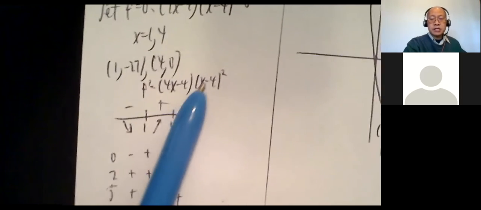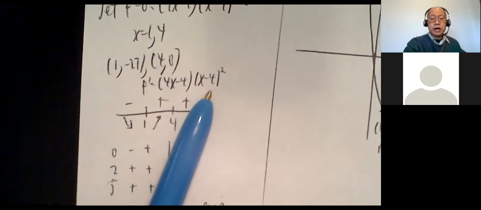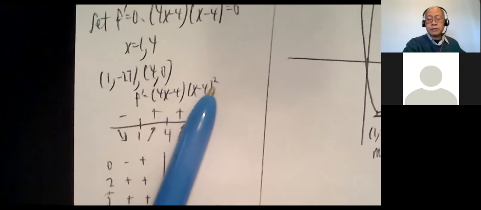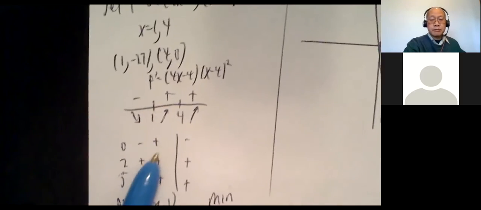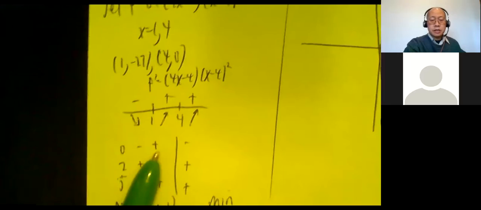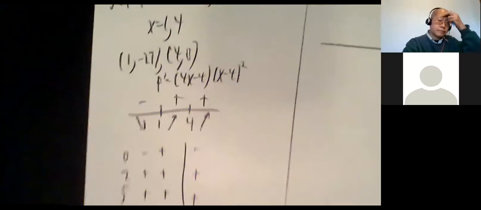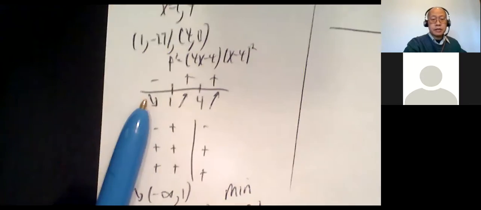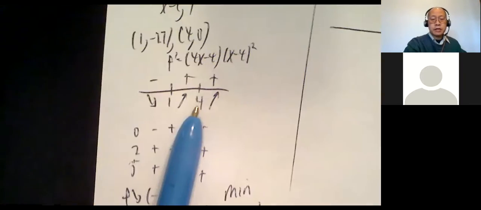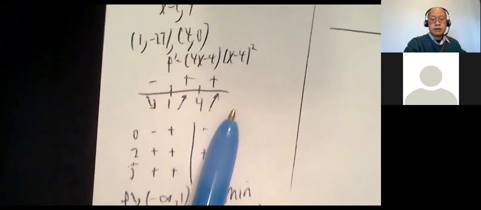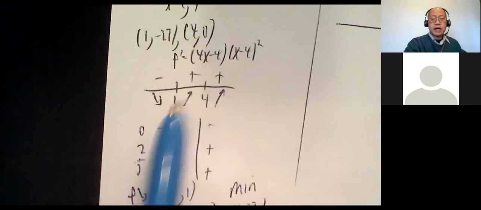But in my analysis, I noticed that x minus 4 squared is always positive. Hence, I immediately put plus, plus, plus. So these three pluses reflect that x minus 4 squared is always positive as long as I don't plug in 4, which I'm not. Okay, so pick something here, 0. Something here, 2. Something here, 5. And the only sign I really care about is this, because I already know this is positive.